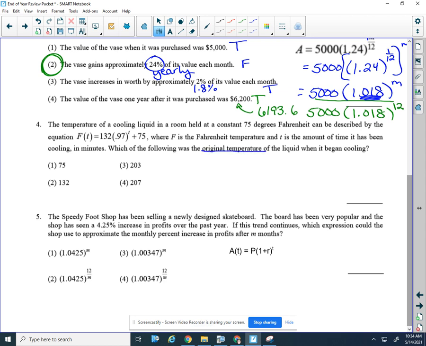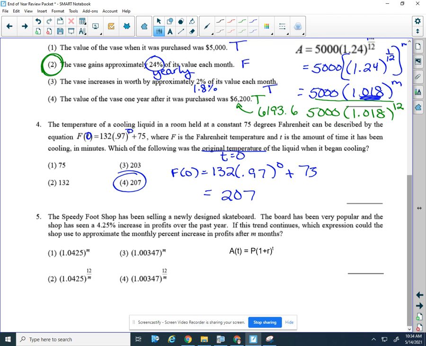An original temperature means the time is 0. So all I'm going to do is plug a 0 in here, F of 0, wherever you see a T. And then you carefully put that in your calculator and you get 207. So it was about 207 degrees.